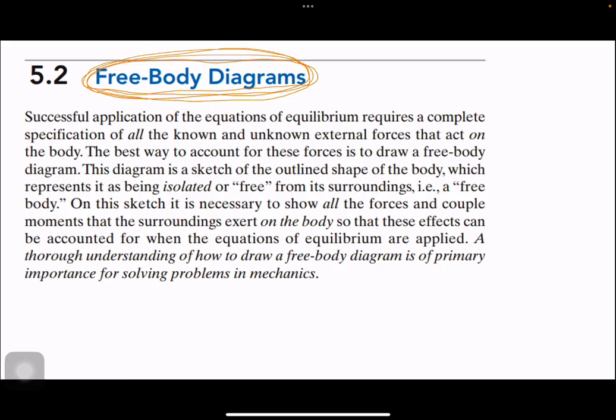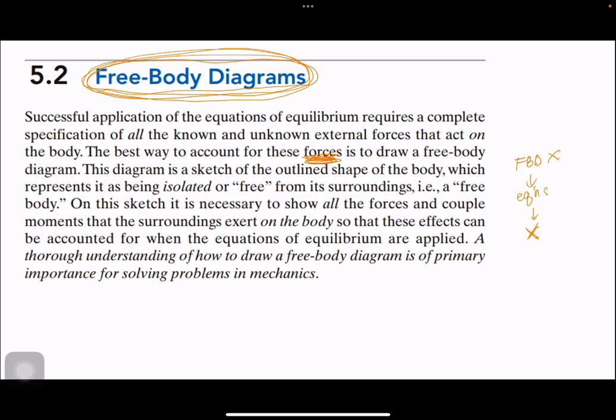This is to account for all the external forces acting on the body. Because if in the first step your FBD is already wrong, then even if you use the correct equilibrium equations, you will still arrive at the wrong answer or conclusion.